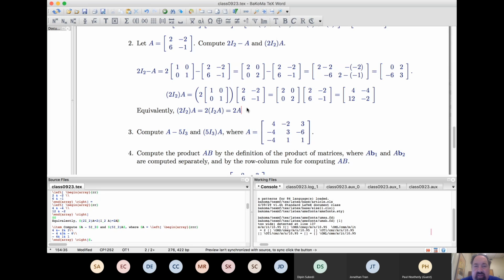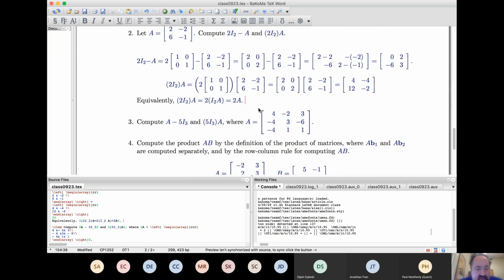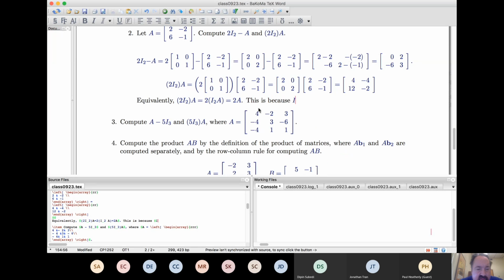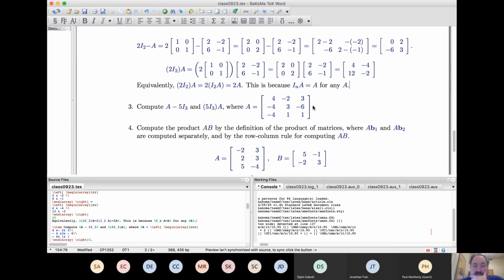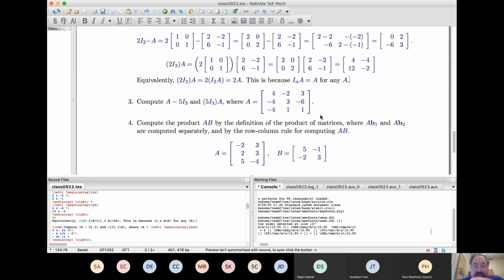So really that's all I would need to do in this case is just take the entries of A multiplied by 2. Okay. So that's one simplification that you can make.